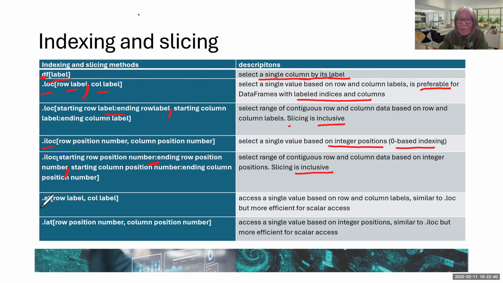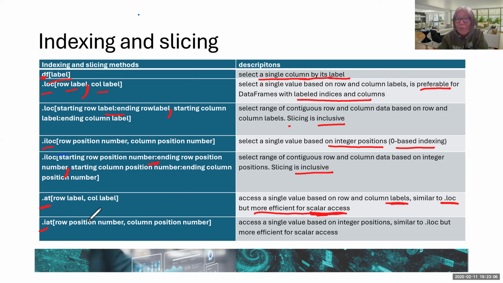And there is another type called data.at, and data.iat. Data.at also uses labels, so similar to data.loc, but it's more efficient for scalar access.